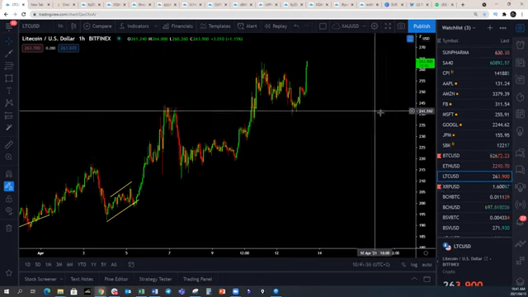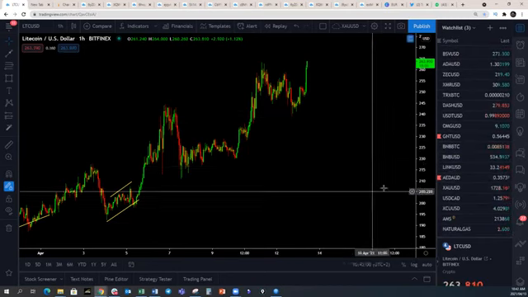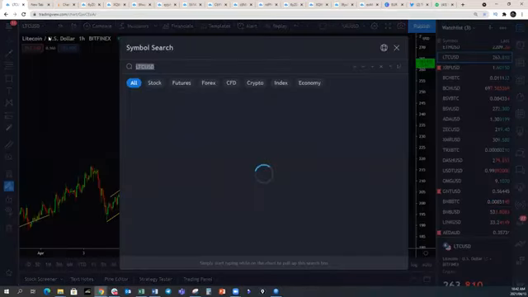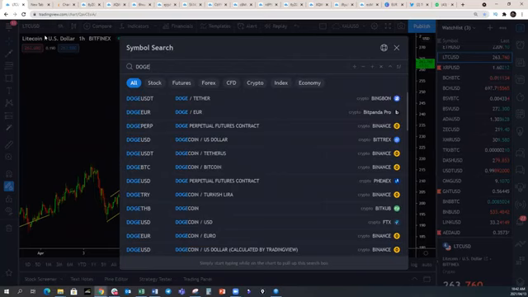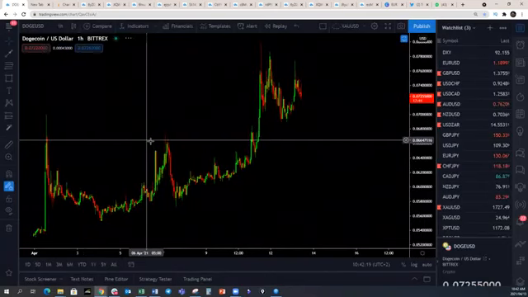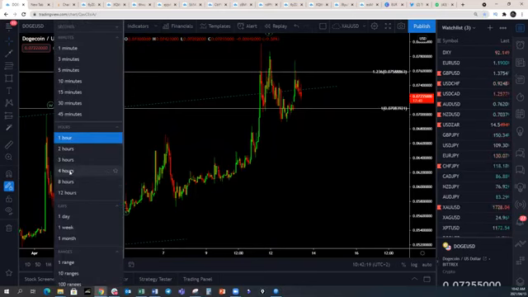I want us to look at Dogecoin as well. Dogecoin, let's have a look at Dogecoin. We've posted this one up on our social media pages. Let's have a look at Dogecoin US dollar. So Dogecoin 4 hour.